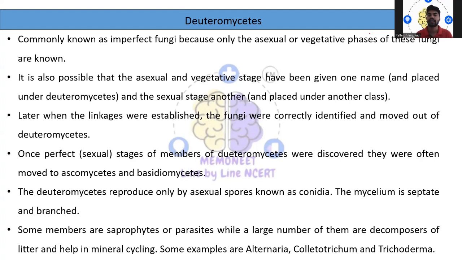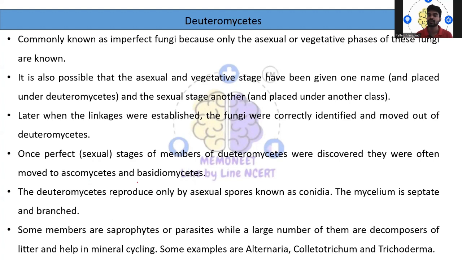Before, some asexual forms were placed and called deuteromycetes, but because cross linkages and identification were established, later on they were moved out. Once the perfect stage of a member of the deuteromycetes was discovered, they were often moved to ascomycetes and basidiomycetes, based on their similarities. Therefore, we don't know the sexual stage of the rest.